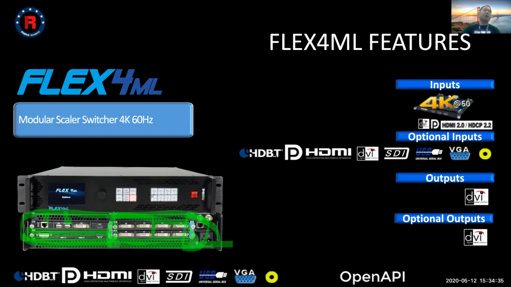This front panel is quite familiar to most of the RGBlink partners and RGBlink customers. Quite RGBlink standard, and the user and menu system is the same as most of the RGBlink equipment. Here is the example of the modules for the inputs, and this is the example of the modules for the outputs we shared just now.